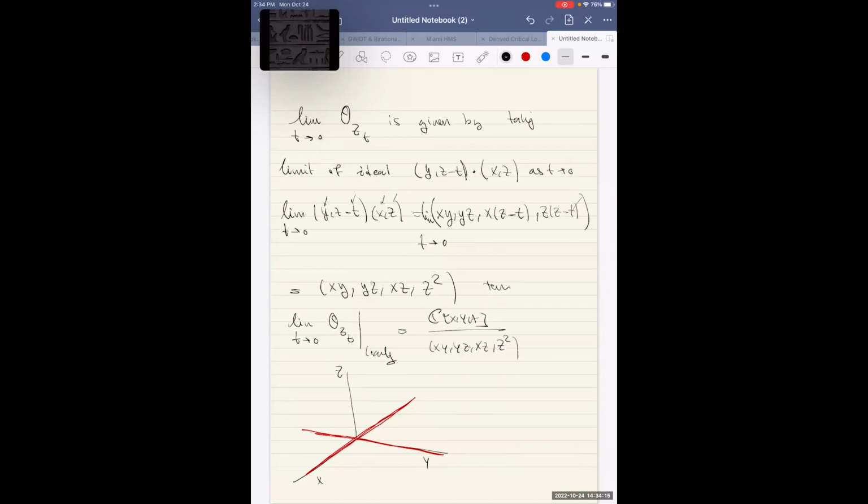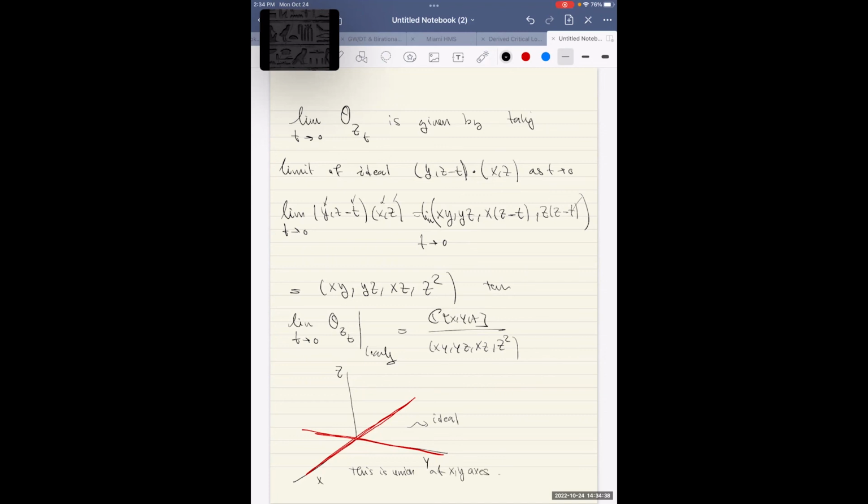Okay, but what would be then this one? It's the union of x and y. So the ideal of this thing, if you didn't tell me that this is a limit of a deformation, the ideal of this picture is all the functions that generate it. It's the union of x and y axes.